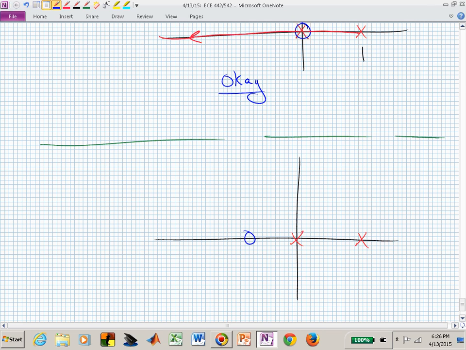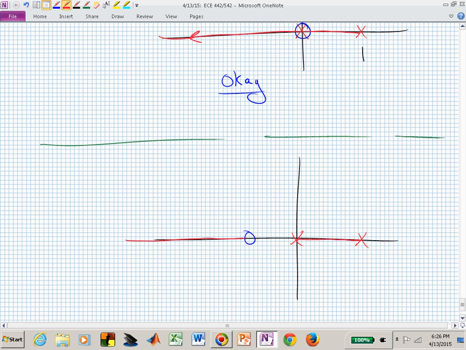How many of those are on the root locus? Again, show me fingers. 1, 2, 3. Now I should see 2 digits, right? There's 2 sections of the real line that are on the root locus. Those are here and here.